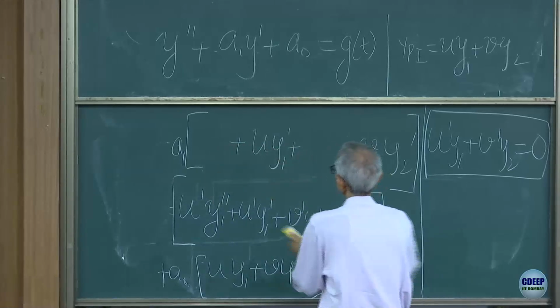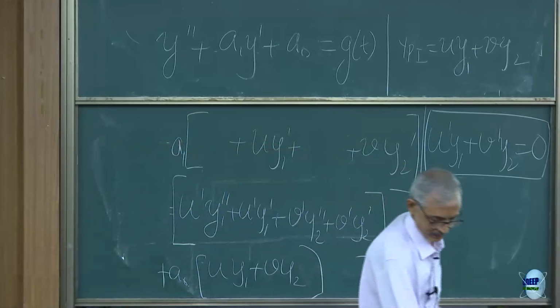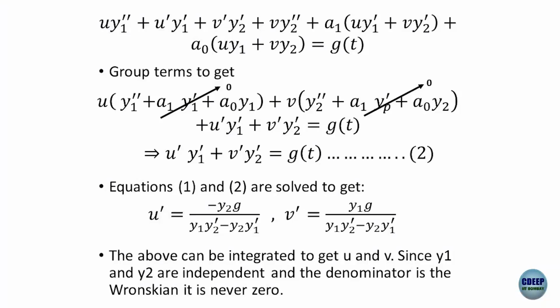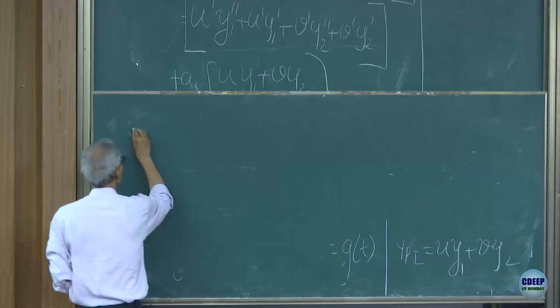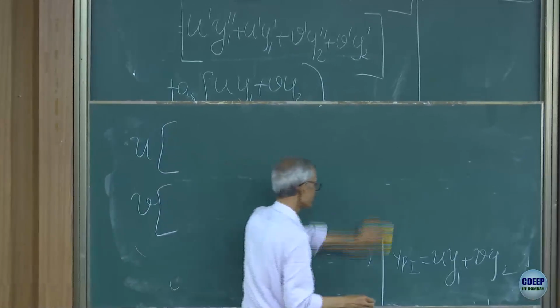Now you just go ahead and do a little bit of algebra and group the terms. You're going to take u common, and then v you're going to take common. This algebra I'll just not attempt to do.